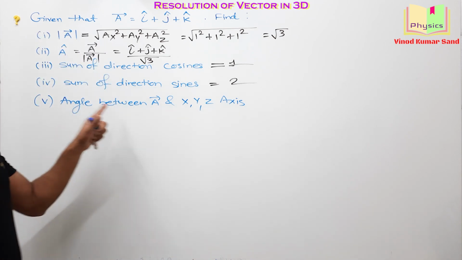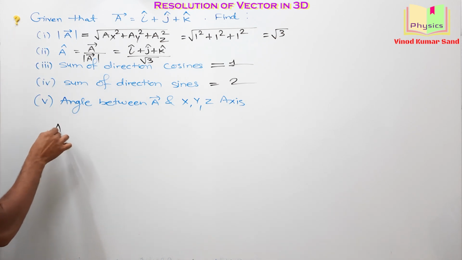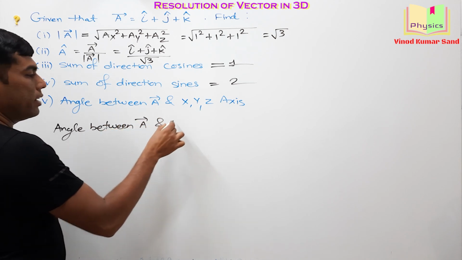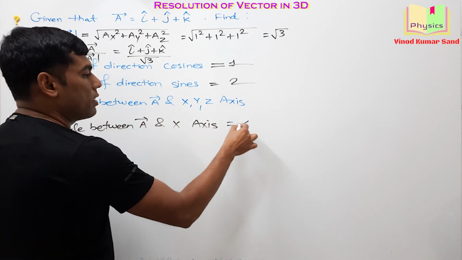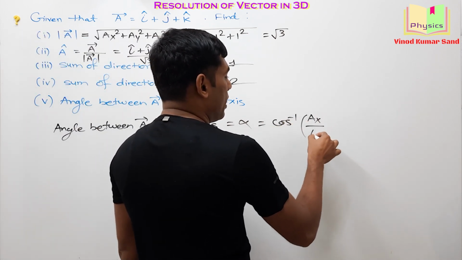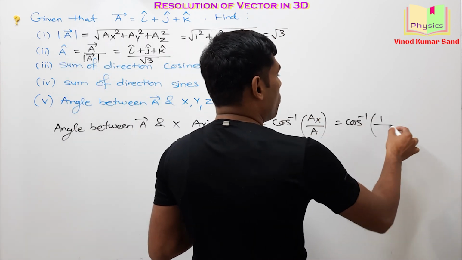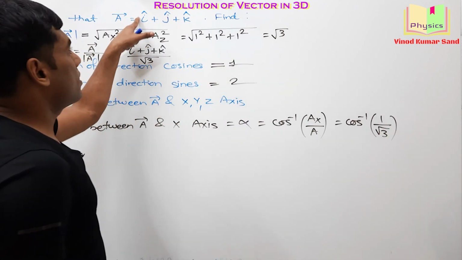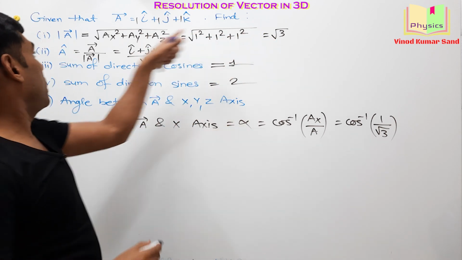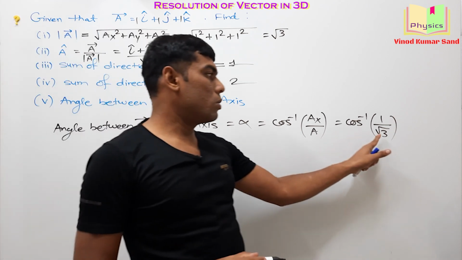Now we need the angle between A vector and the x, y and z axis. The angle between A vector and the x-axis is alpha. Alpha has the formula cos inverse of AX by A. So it will be equal to cos inverse of 1 by root 3. AX is 1, AY is 1, AZ is also 1, and the magnitude of the A vector, which we can simply write as A, is root 3.